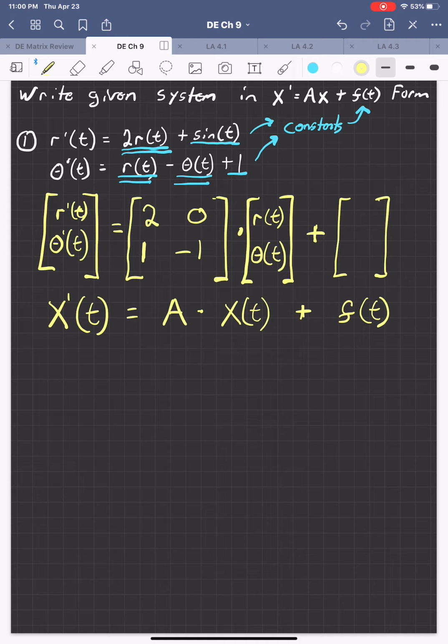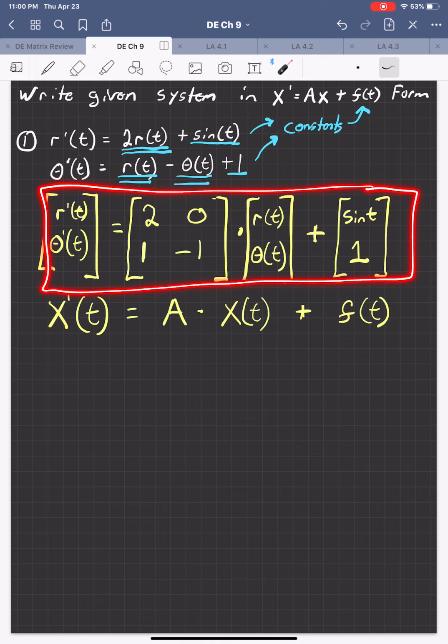So again, what's left over? What have we not used? Well, we haven't used the sine of t, and nor have we used the 1. So what we have here is the way you would interpret this system.